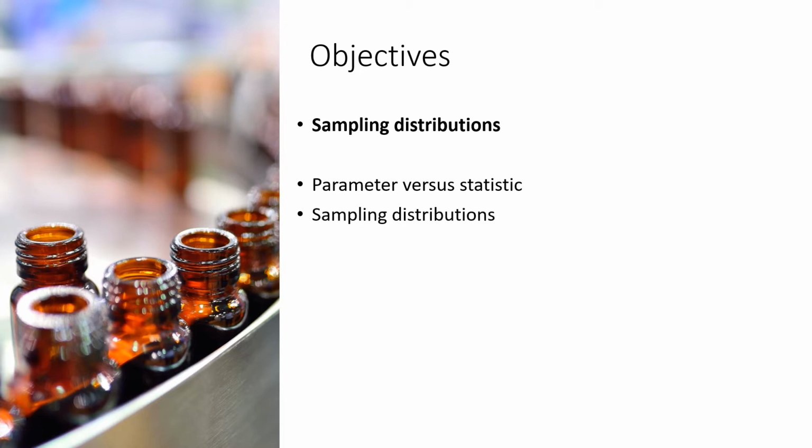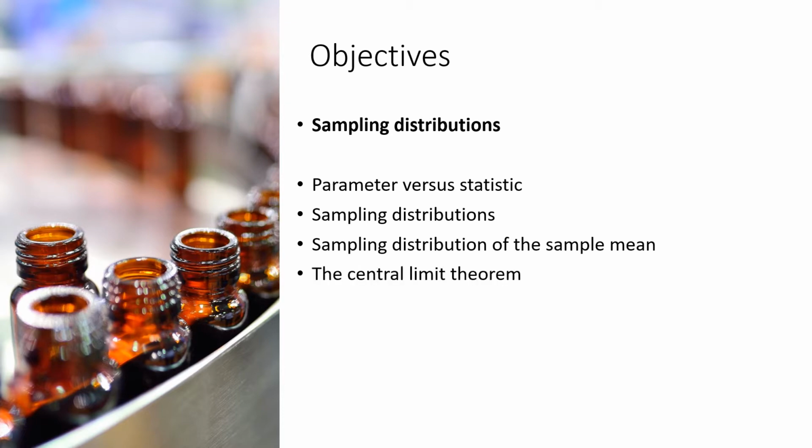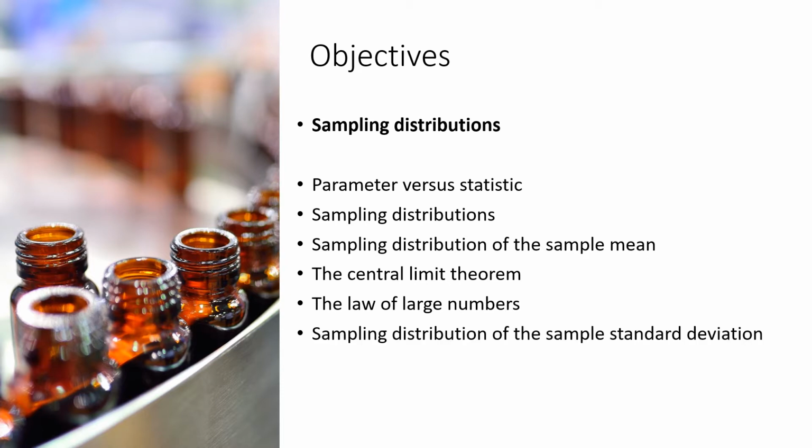And under the sampling distributions, we'll learn about the sampling distribution of the sample mean using the two important theorems, the Central Limit Theorem and the law of large numbers. We will also discuss the sampling distribution of the sample standard deviation as well as the sampling distribution of the sample proportion.